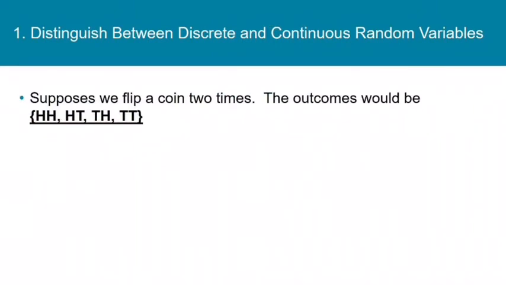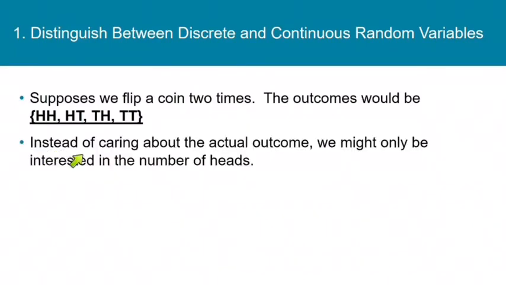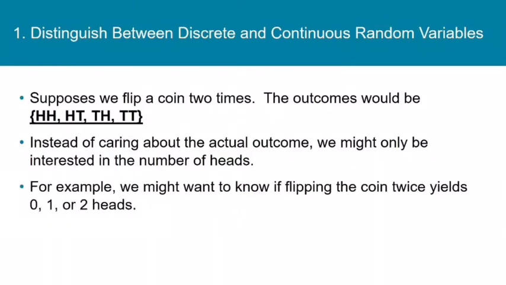Now imagine a probability experiment with me. Suppose we flip a coin 2 times. The sample space would be heads heads, heads tails, tails heads, or tails tails. Those are the only 4 possible outcomes. Now imagine that instead of caring about the actual outcome like heads tails or tails heads, suppose we're only interested in the number of heads.